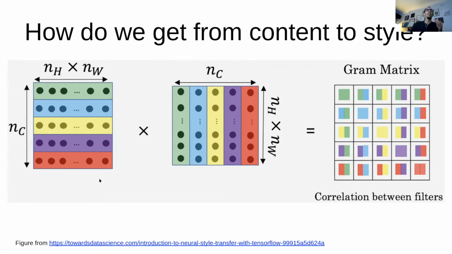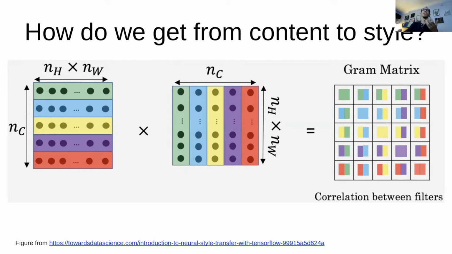By taking that feature matrix and multiplying it by itself, we get what's called the Gram matrix, which describes the correlation between all these different features. And this is a really good indicator for style at that layer in the network. So by using one of these Gram matrices for every layer in the network, we can compare these between two different solids and measure how similar or different the style is at these different layers.